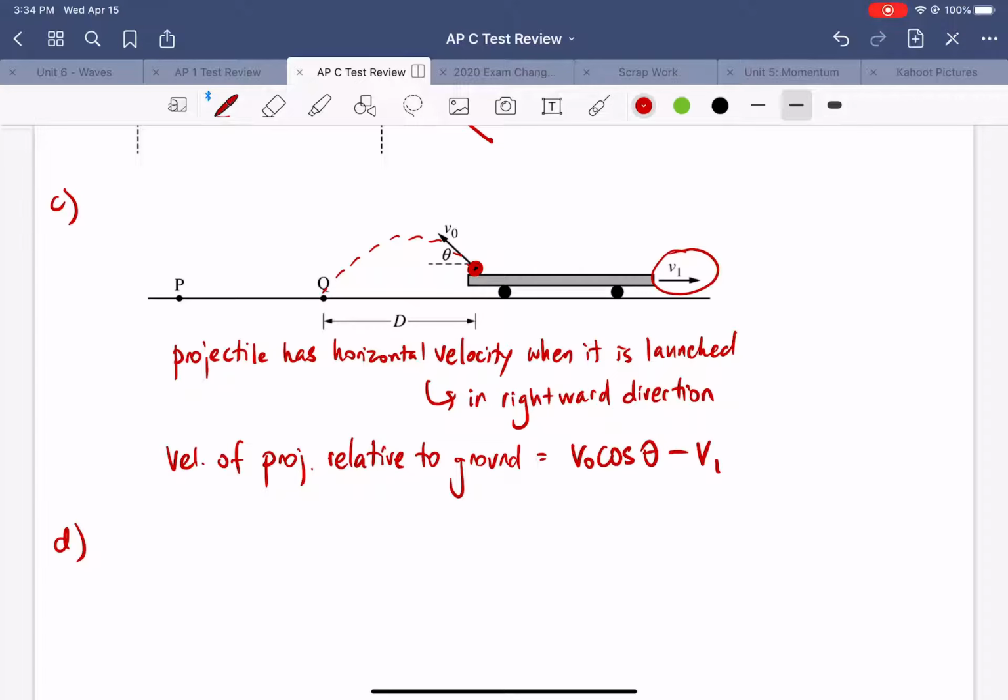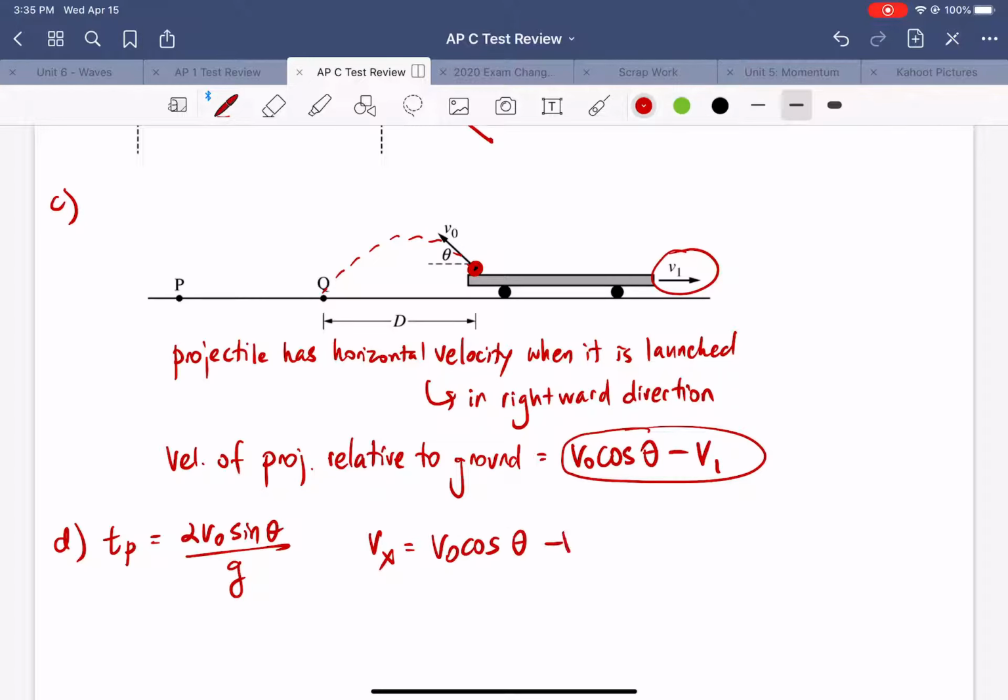All right, so we have this expression in part C. This is the velocity of the ball relative to the ground the moment it's fired. Now, nothing has changed in the vertical direction, so the time of flight is still going to be the same. It's going to be 2v0 sine theta divided by g, and then the horizontal velocity is going to be this v0 cosine theta minus v1, and that horizontal velocity is going to be constant throughout the entire flight.